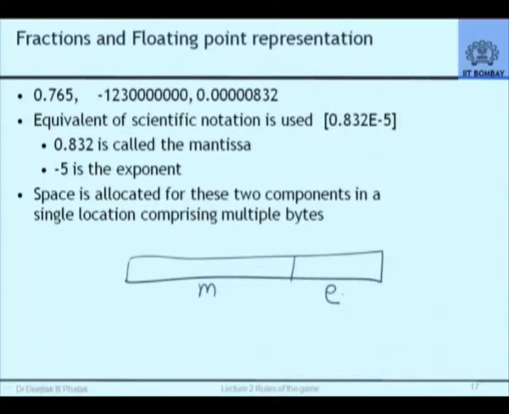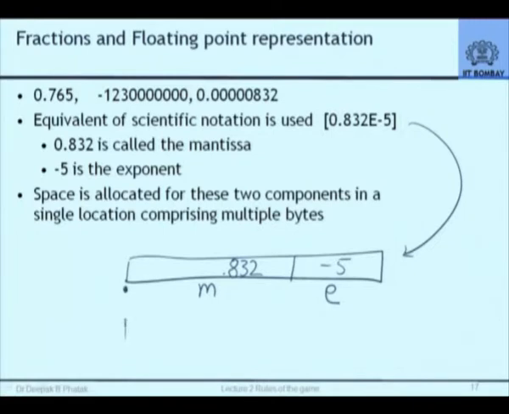Take this number. This number can be written in which way? It can be written as 832 times 10 to the power minus 5, provided I assume that the decimal point is here. Let us say I assume that the decimal point is always here. That means I don't have to store a decimal point explicitly anyway.